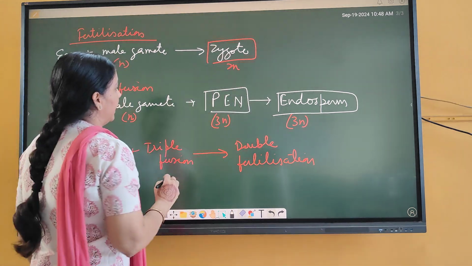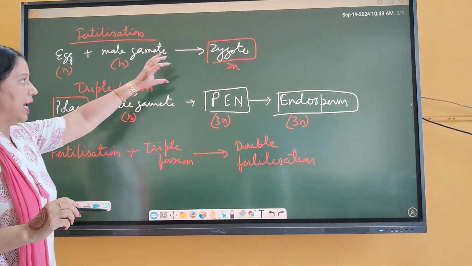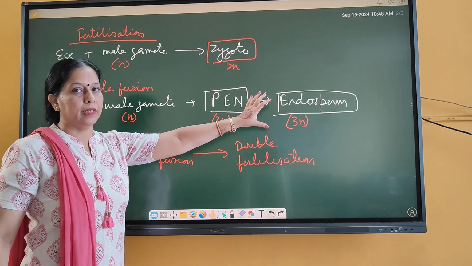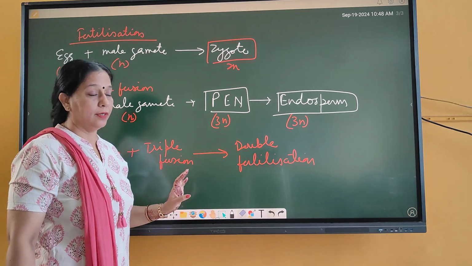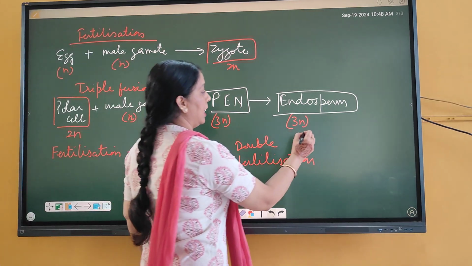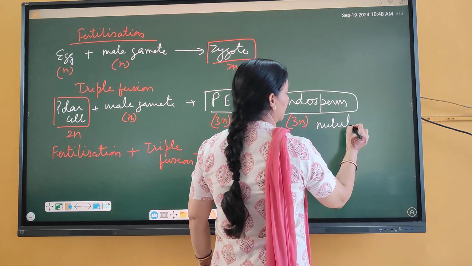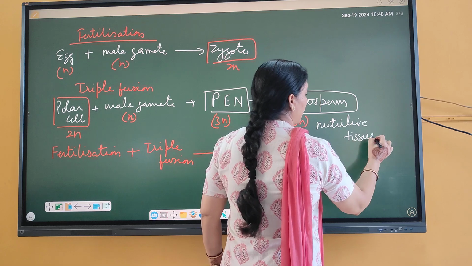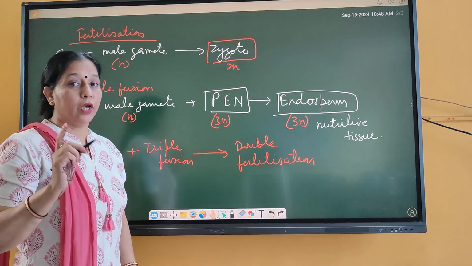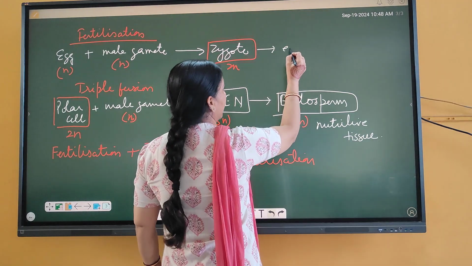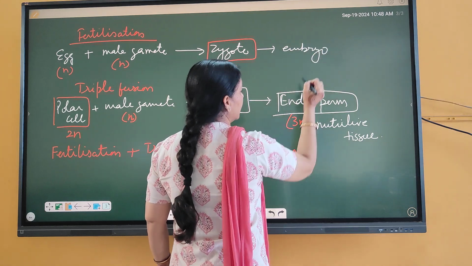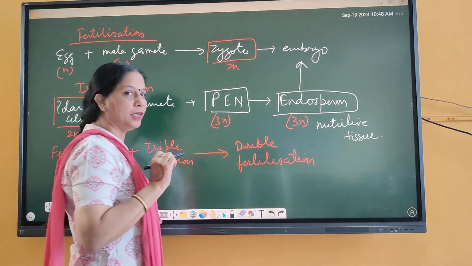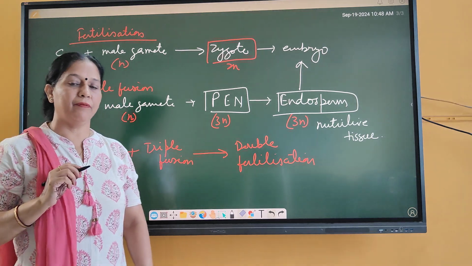We can easily see here that when zygote formation takes place, simultaneously endosperm formation takes place, right? Endosperm is a nutritive tissue. So it is formed simultaneously because when zygote will grow into embryo, this endosperm will provide nutrition for the development of embryo.